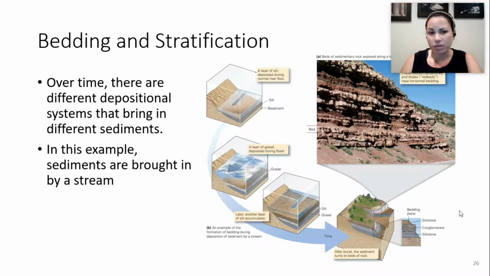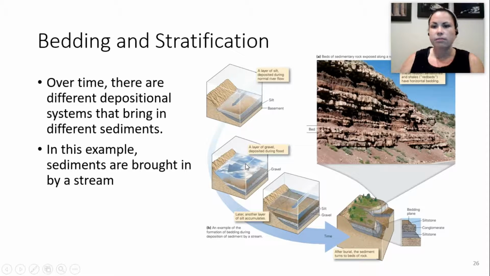Like I said, over time there are different depositional systems that bring in different types of sediments, and they're brought in by different processes. For example, there are sediments brought in by a stream. Over time, we have silt that's being deposited from a normal river, and then say there's a flooding event.